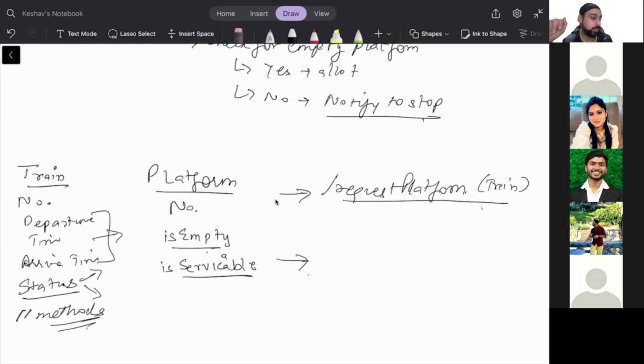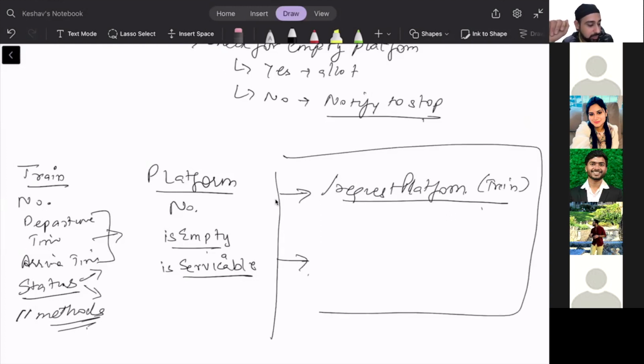What are other endpoints that you expect? I would call this particular thing a railway management service. So what all endpoints do you expect this service to have?